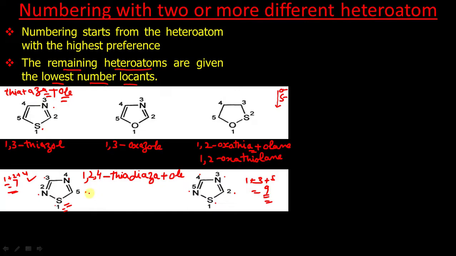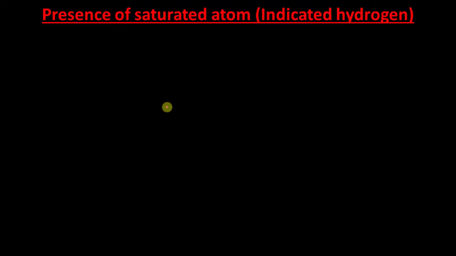So its name will become 1,2,4-thiadiazole, because we have to drop this A. That is its name, 1,2,4-thiadiazole. So these are quite simple rules. The only thing is that you have to do a little bit of practice, nothing else. If you do more and more practice, you will become more familiar with these rules. These are not complex. I once again repeat, these are quite easy.